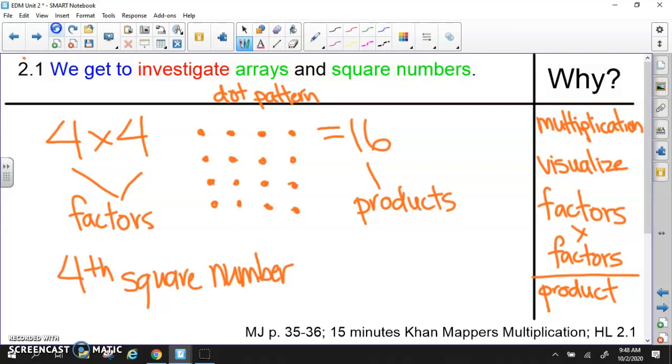So that's what this looks like. Does anybody know what a pair is? How would you define a pair in the back? It's 2, well, yeah, it's 2 of something, right? Together. Like, I got a pair of shoes, right? I got a brand new pair of shoes. But a pair of shoes is 2, right? So in this case, to write a factor pair is just this. It's 4 times 4.